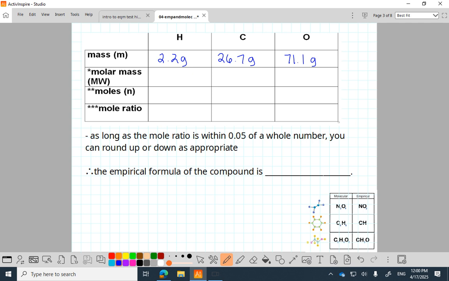Okay, and then from the periodic table, we're going to write down what is the molar mass or atomic mass of 1 hydrogen. What's the atomic mass of 1 carbon and 1 oxygen? They are together in a compound in some ratio that we don't know yet.